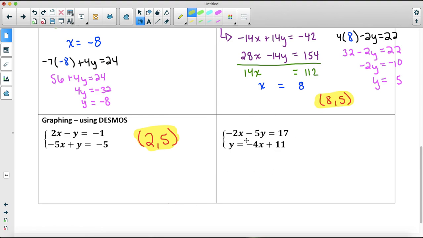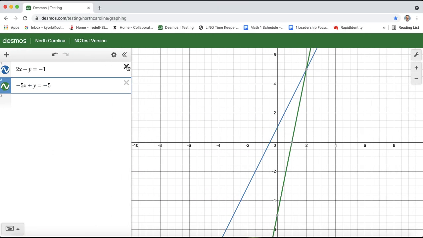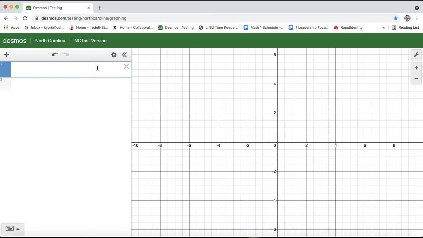This next problem, we're going to do the same thing. The second equation is in slope-intercept form, so if you wanted to graph it by hand, you could, but this top one is not, so that's okay because we're only going to use Desmos. We're going to type this in exactly as we see it. I'm going to delete these. We had negative 2x minus 5y equals 17.